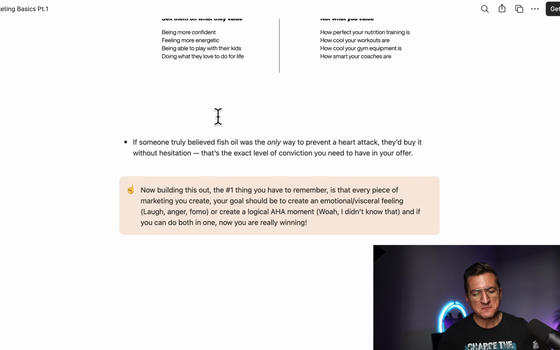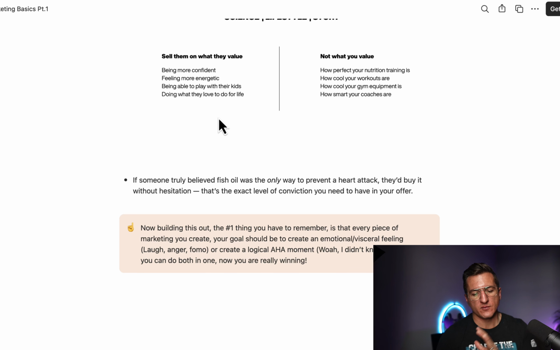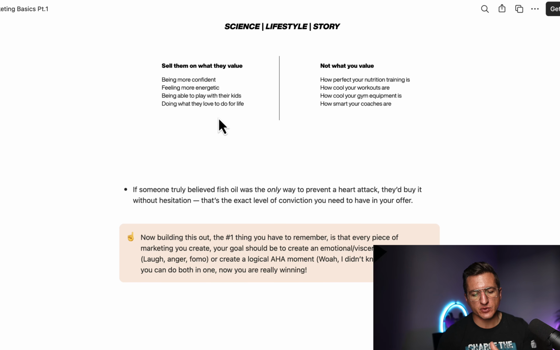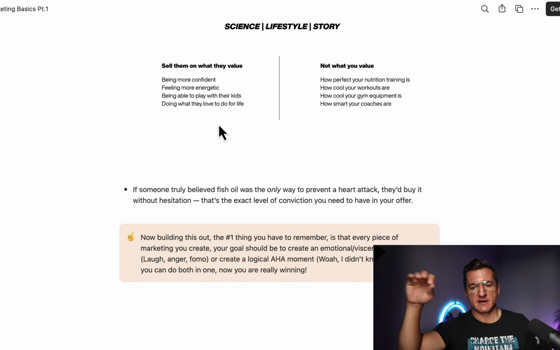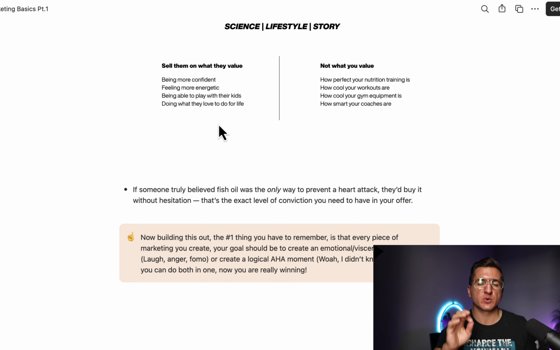And so an example of the level of commitment that we want to have to our method is, if somebody truly believed fish oil was the only way to prevent a heart attack, and they thought they were going to have a heart attack, they would buy it without hesitation, right? So that's the exact level of conviction we want to have in our offer. If I were convinced I was potentially going to have a heart attack and the only thing that would stop it is fish oil, the price of the fish oil wouldn't matter.